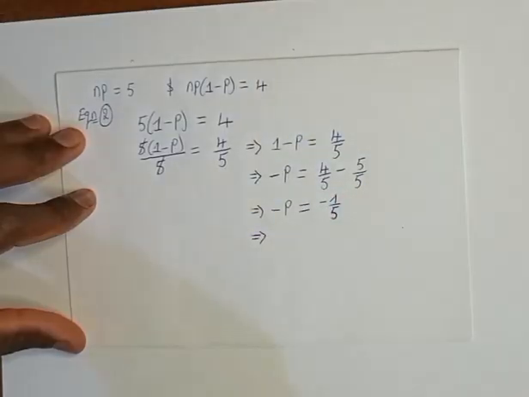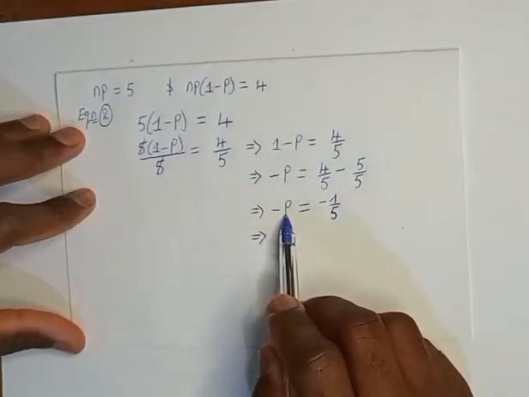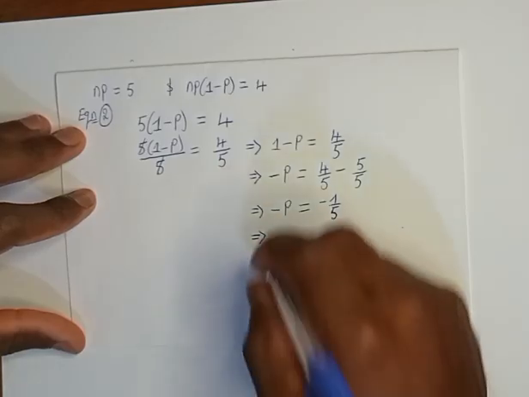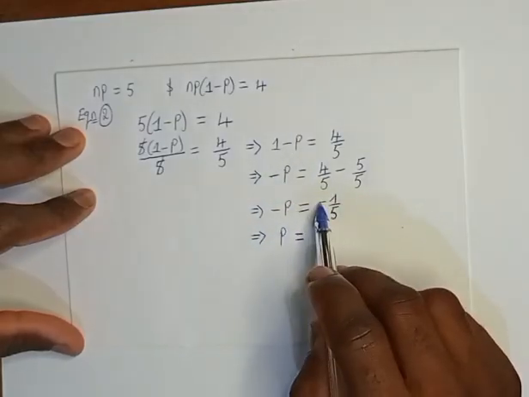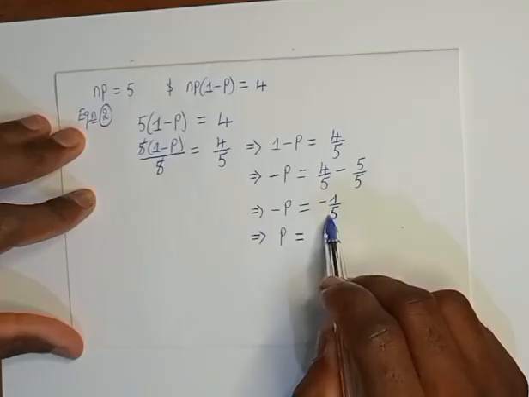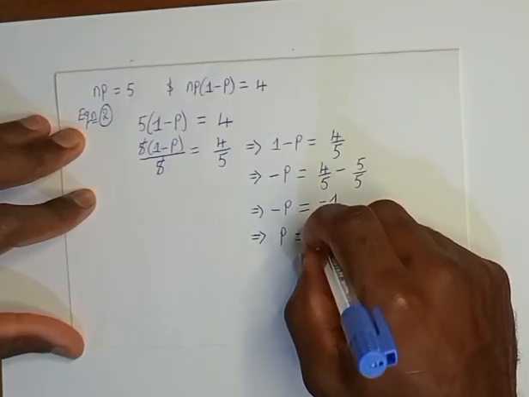Then multiplying both sides by negative 1, negative 1 times negative 1 fifth gives us 1 fifth.